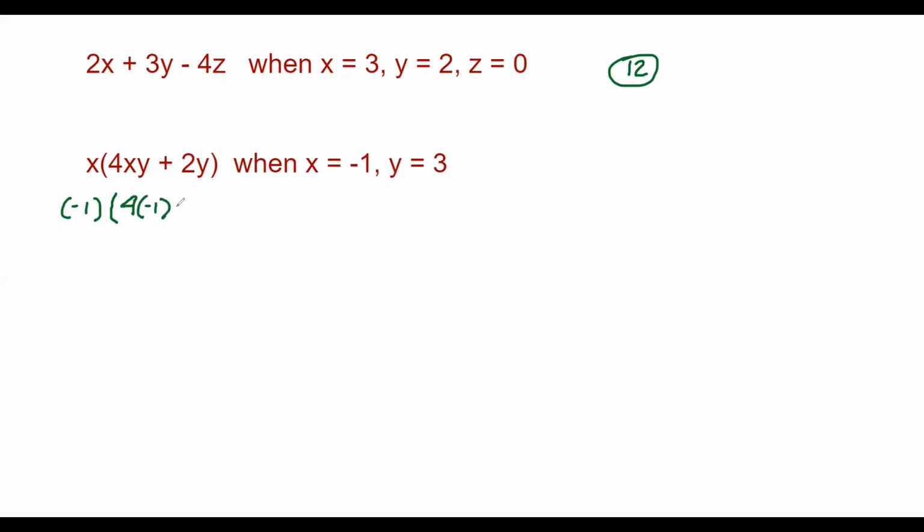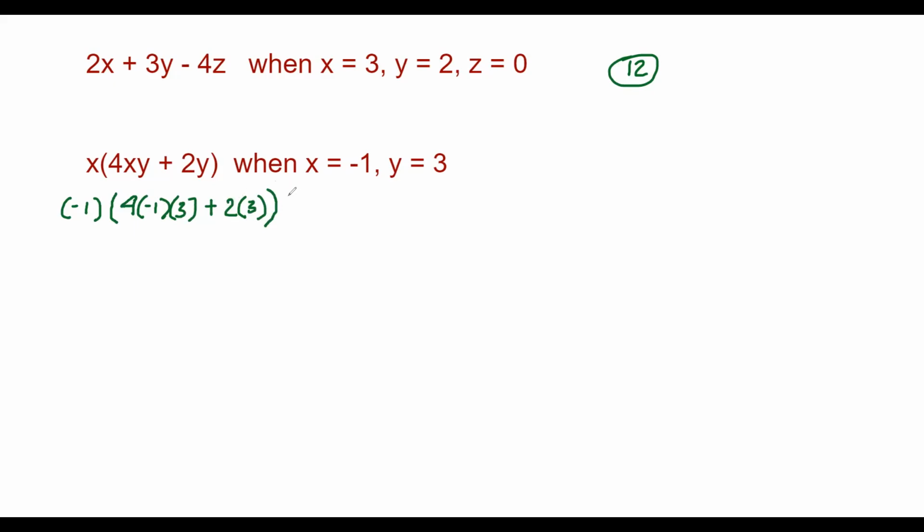Still -1. That's going to be multiplied times y, which is 3. And then plus 2 times y, and y is 3. So after substitution, it looks like this.